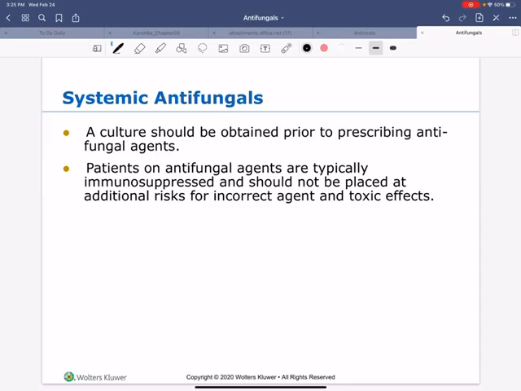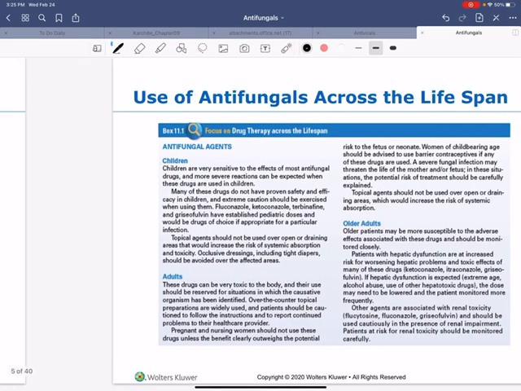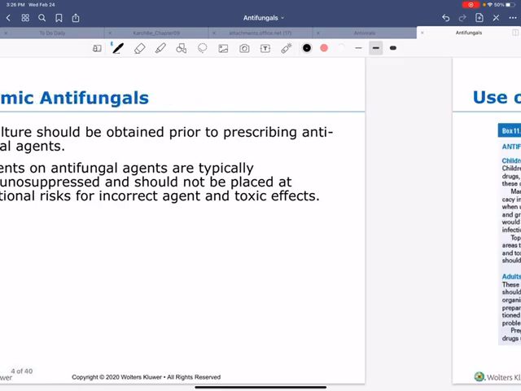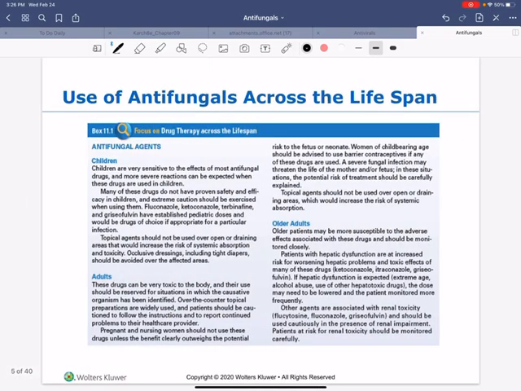If you're going to treat with a systemic antifungal, and we're going to focus really on Amphotericin B, you should get a culture before and identify that it is a fungus before you just give an antifungal, because again, antifungals aren't benign, and we want to make sure that we're not giving patients toxic medications unnecessarily.